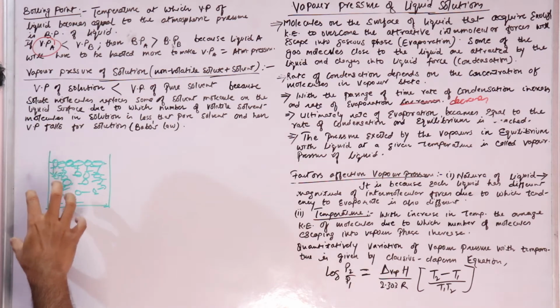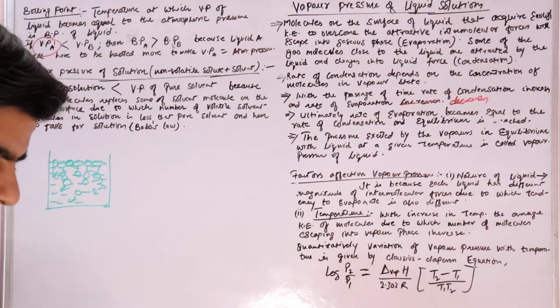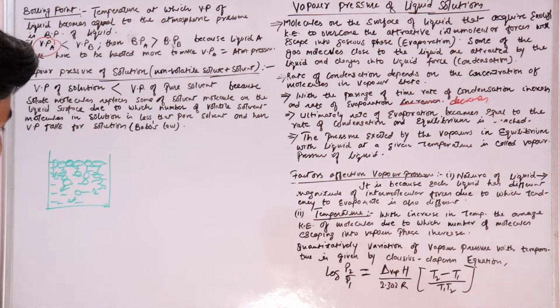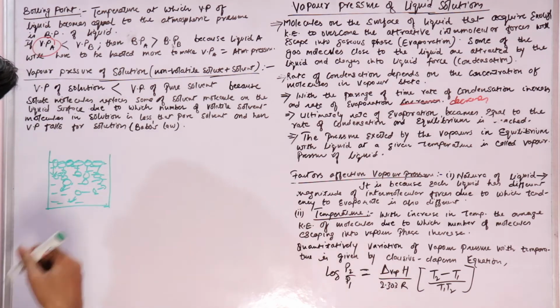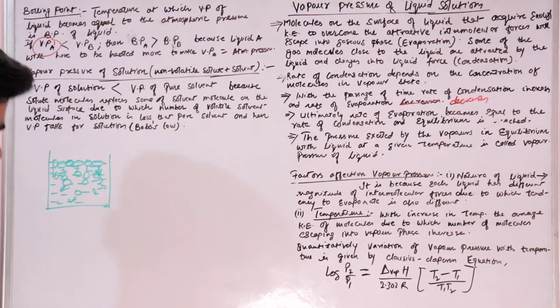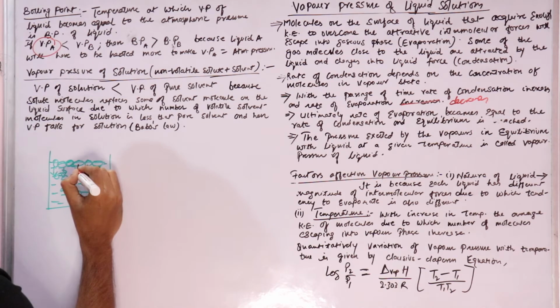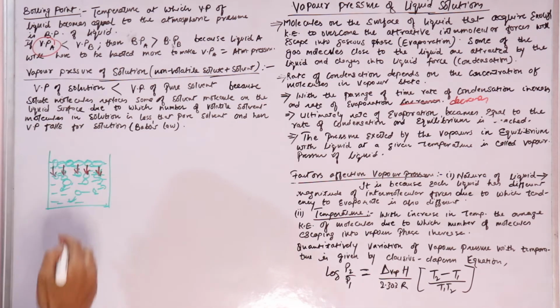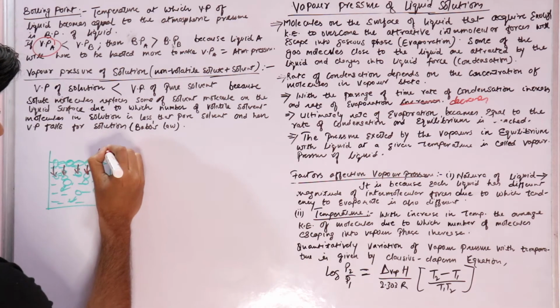When the molecules at the surface of the liquid acquire high enough kinetic energy so as to overcome this force of attraction, these molecules will escape or move into gaseous state, where they form vapor. These molecules are attracted by molecules inside, and they also possess kinetic energy.